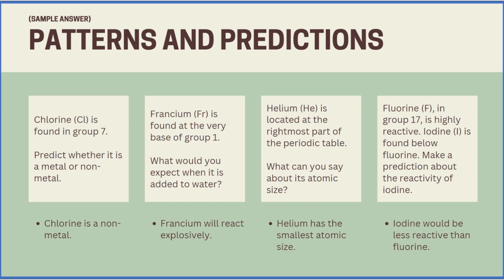And helium has the smallest atomic size, because atomic size is increasing going down. Then next, iodine would be less reactive than fluorine because reactivity is decreasing when we are going downward, that is group-wise.